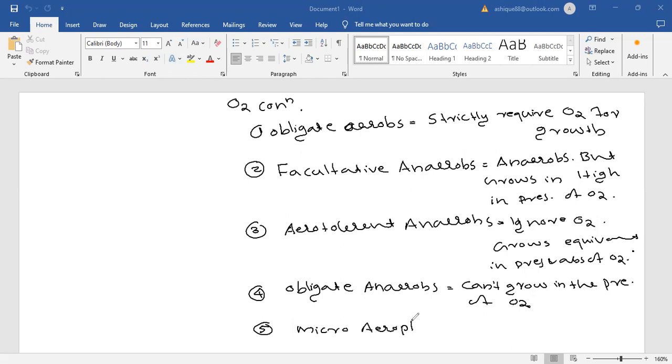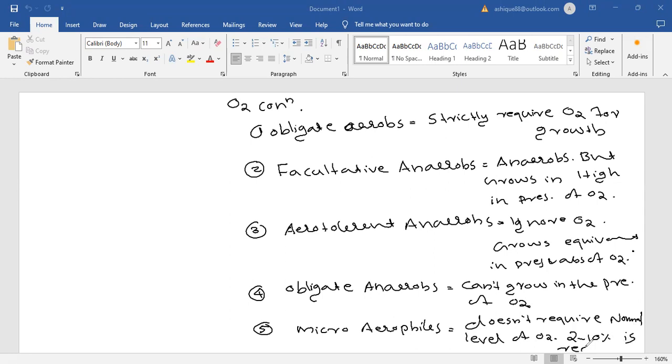Microaerophiles don't require the normal level of oxygen. They don't want the normal level of oxygen. A little level of oxygen is required, only 2 to 10%.